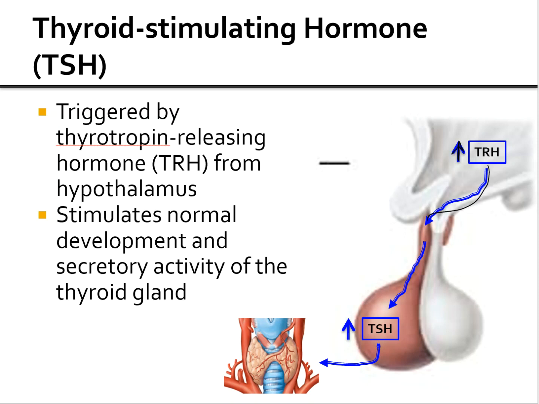TRH is released by the neural tissue, enters the bloodstream, goes down into the anterior pituitary, and signals the anterior pituitary to increase secretion of TSH. TSH is then secreted into the bloodstream, which then goes and targets this awesome butterfly-shaped structure known as our thyroid. We'll talk about the thyroid in a little while.